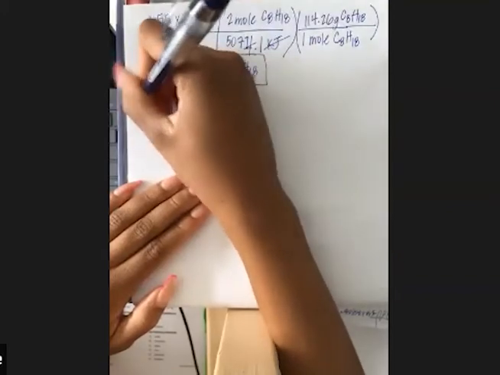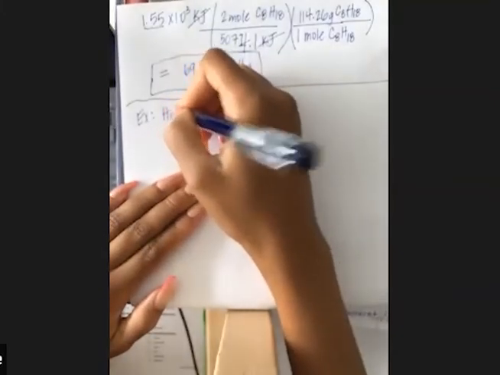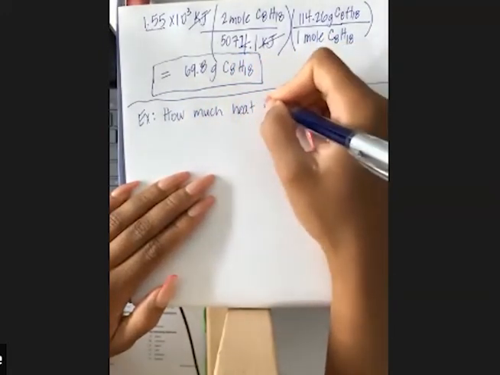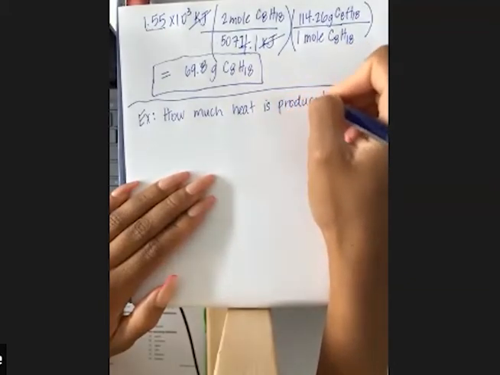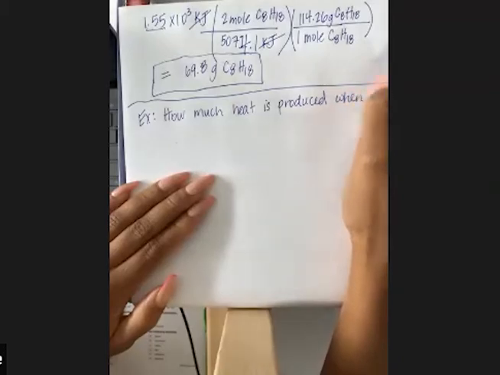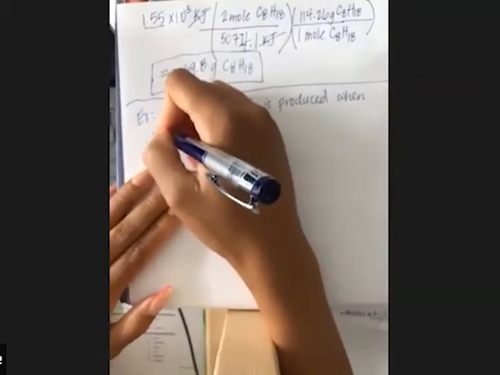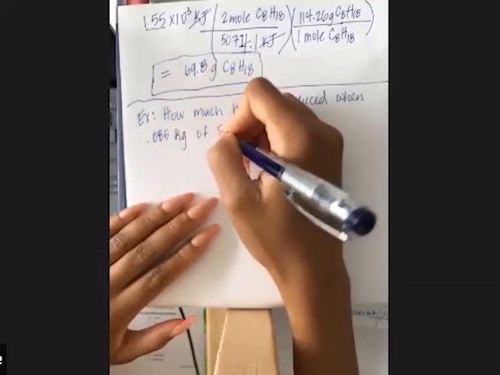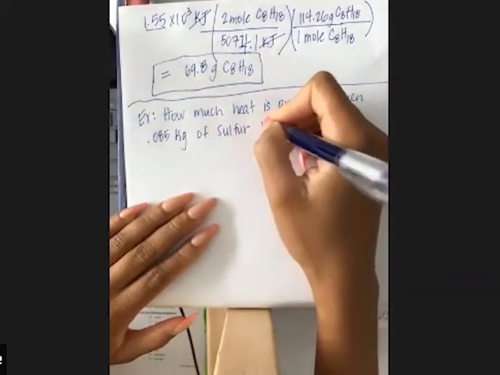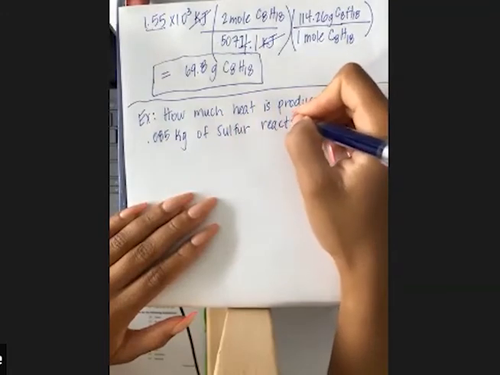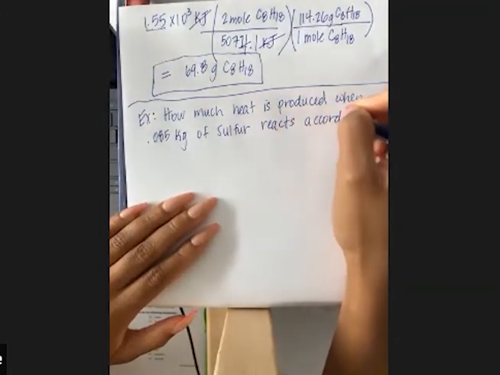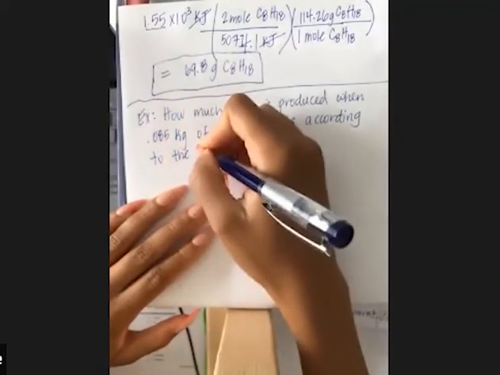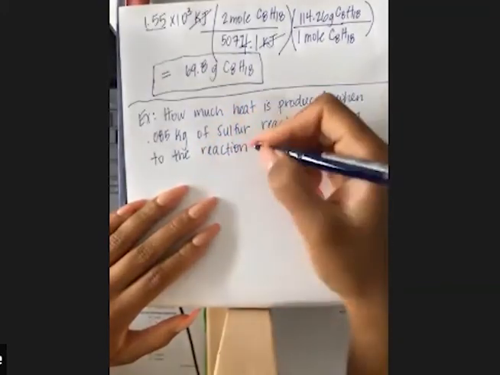How much heat is produced when 0.085 kilograms of sulfur reacts according to the reaction below?